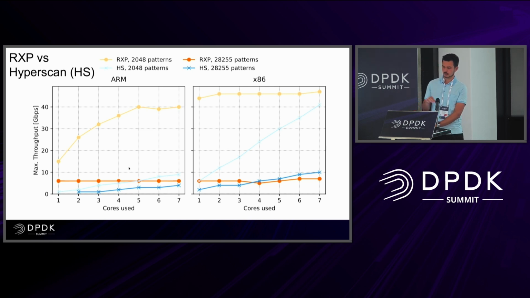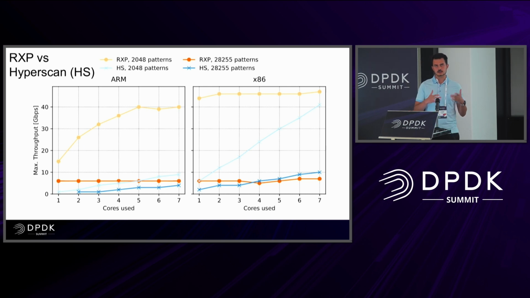What we can see here basically, that if we compare the light orange line on x86 and light blue, that's the Hyperscan, we can see that with one core on x86 we can match the performance of around 8 x86 CPU cores.